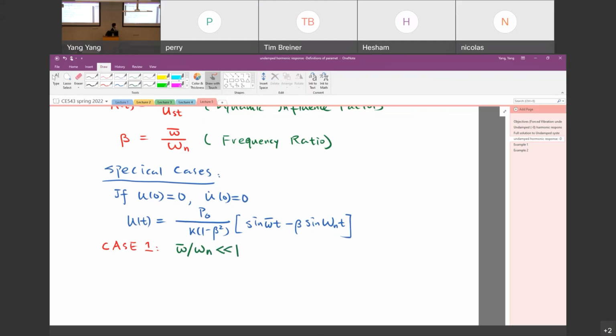If the frequency of the external force is much smaller than the natural frequency, that's where we have beta much smaller than 1.